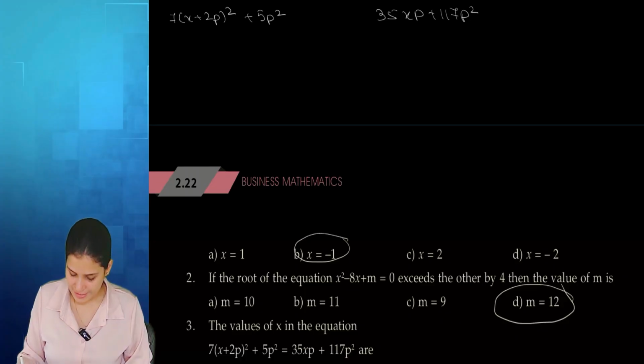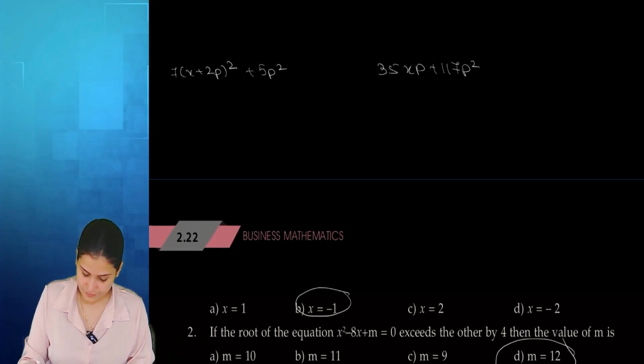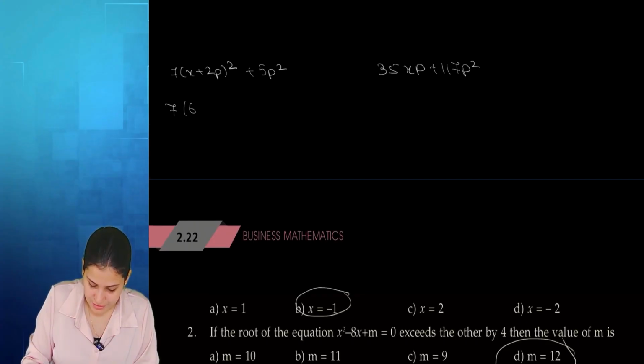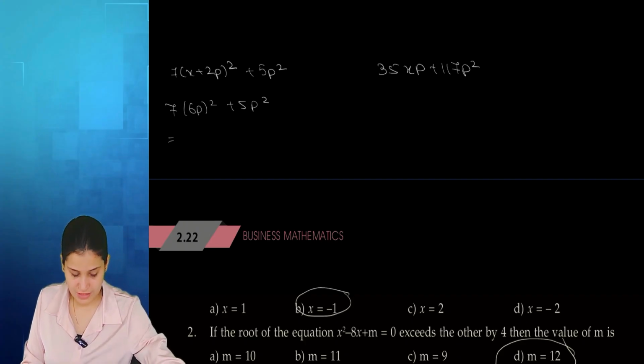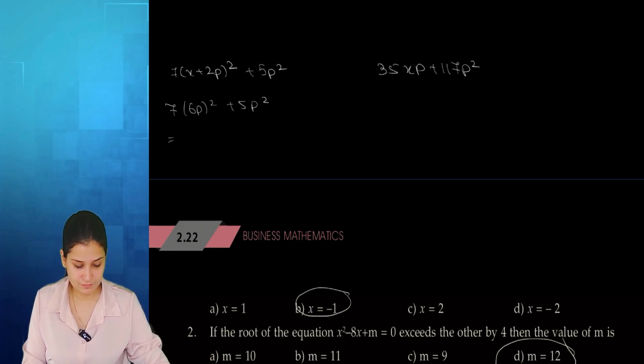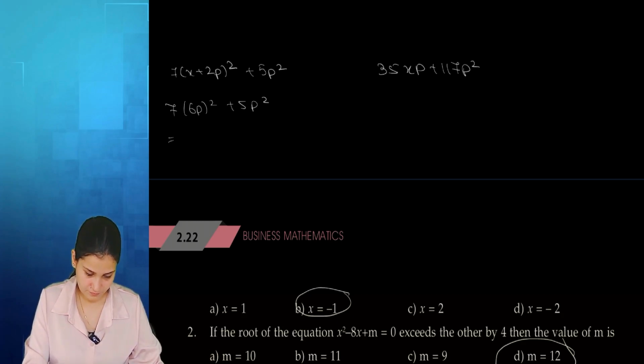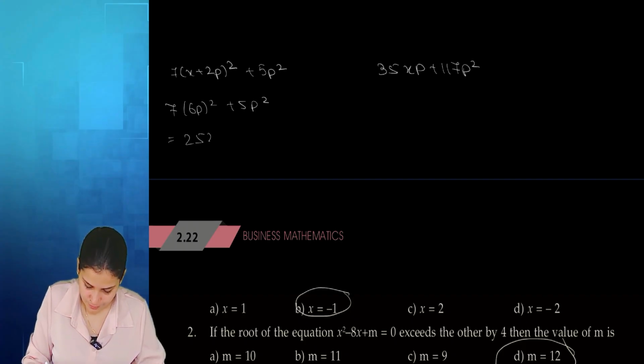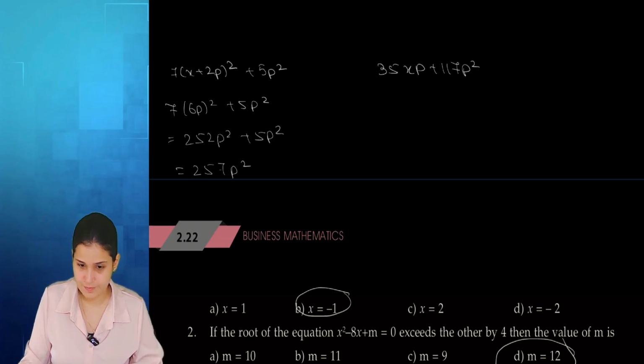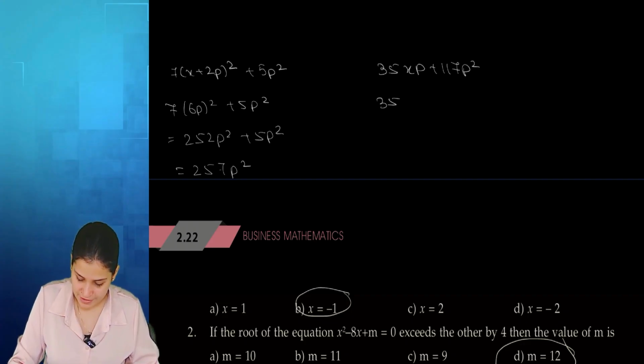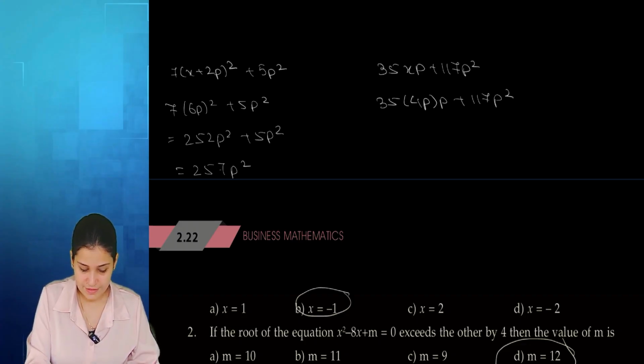Let us first try x equal to 4p. 4p plus 2p is 6p. So here 7 into 6p square will be 252p square plus 5p square. So this is 257p square. Right hand side, if I put x equal to 4p, 35 into 4, 140p square plus 117p square.